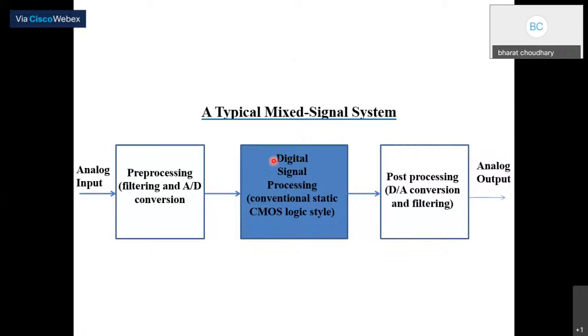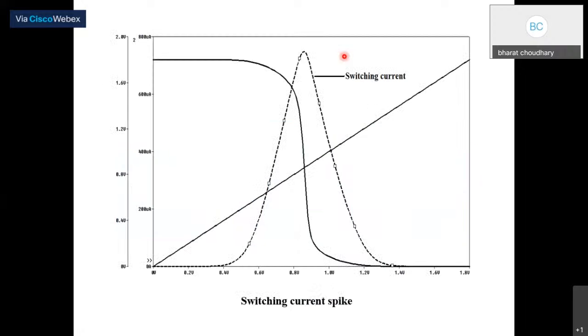As CMOS logic gates are the fundamental logic gates used in integrated circuits and typical mixed signal systems, there are some limitations in using such logic styles. This is the basic CMOS inverter operation, and there is a large spike in the switching current, in the range of around 750 microampere. This is a circuit simulation waveform.